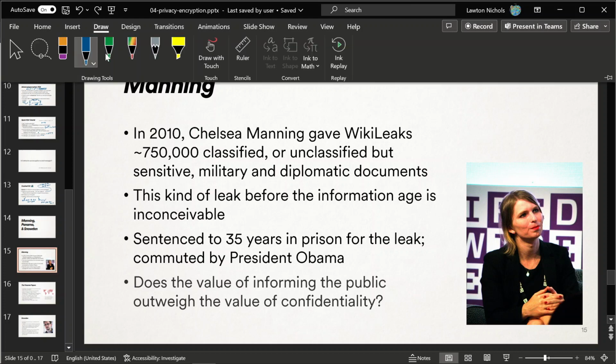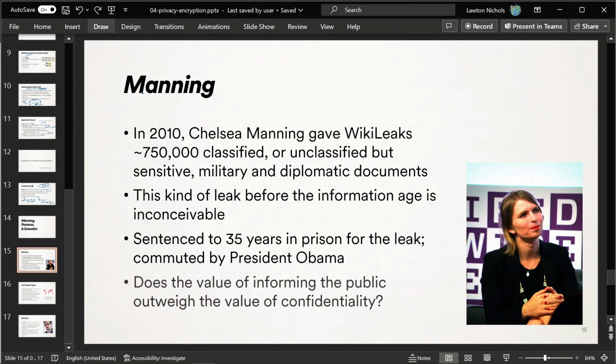So the first one is about a person named Chelsea Manning. Back in 2010, over a decade ago, she gave the website WikiLeaks, which is notorious, right, almost 1 million classified or maybe unclassified, but still very sensitive kinds of documents. They were from the military, from diplomatic things, so things that the rest of the population doesn't get access to normally.